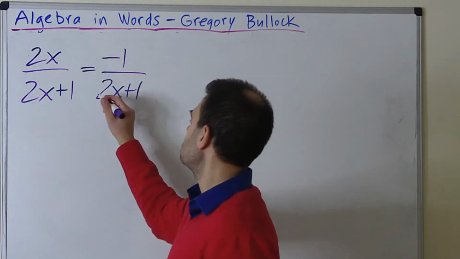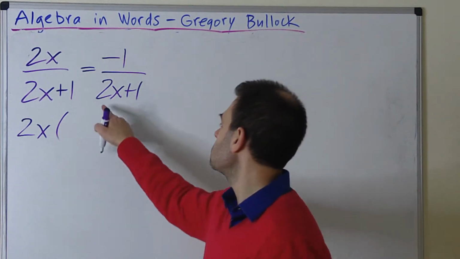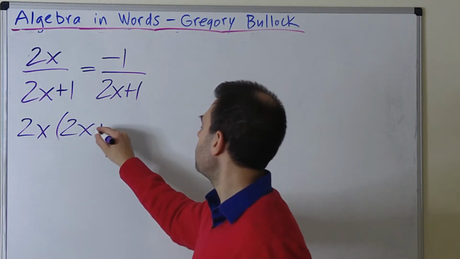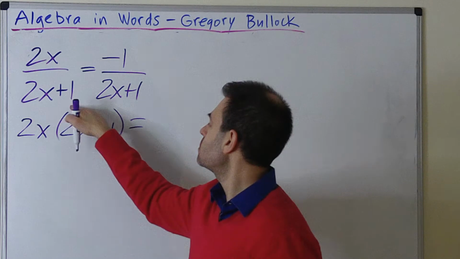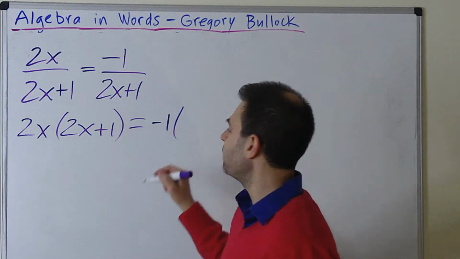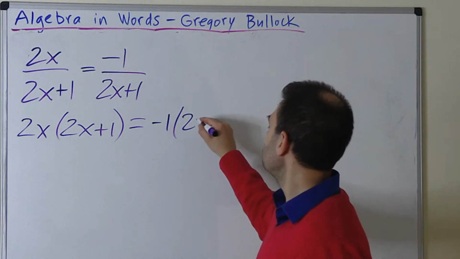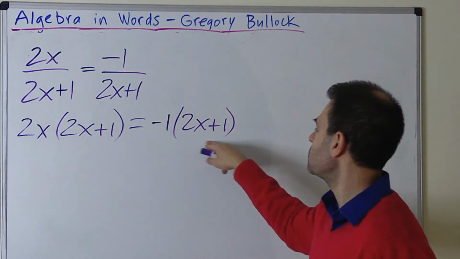So this times this is going to be 2x times, and I'm putting in parentheses, this (2x + 1), equals this times this. And again, let's do negative 1 and then parentheses (2x + 1). So that's this times this, which is here.